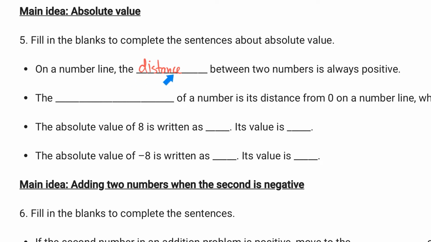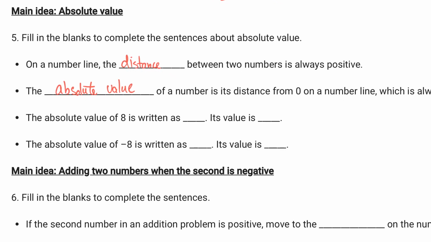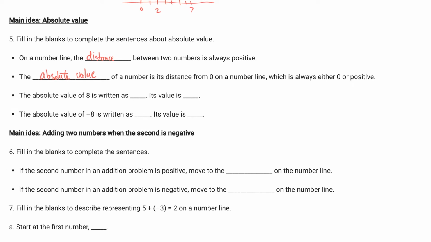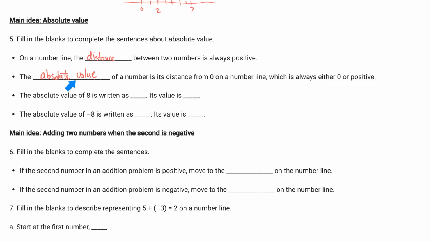And you think about it, distance is always positive. You can't have a negative distance. The absolute value of a number is the distance from 0 on the number line, which is always either 0 or positive.